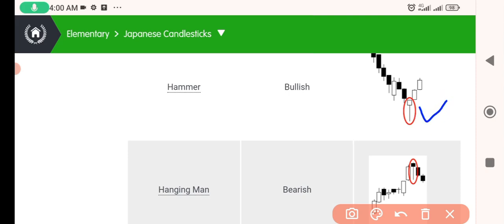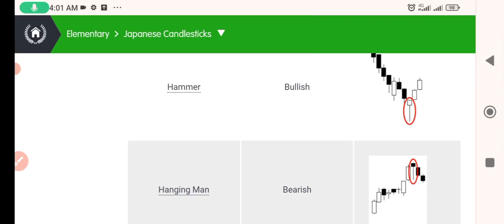Now this hammer, the wick is 2 times higher than the body itself. If the wick is 2 times or more higher, the more the wick, the stronger the candlestick's signal. And this is one of the reversal candlestick signals for a buy market.